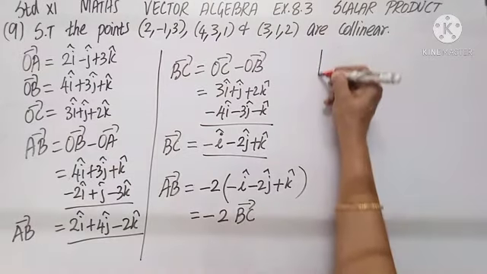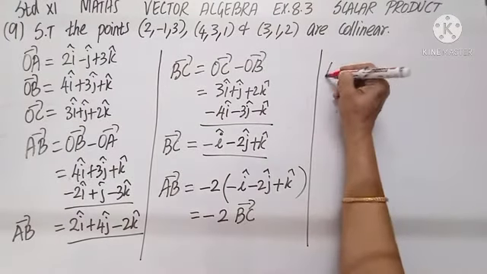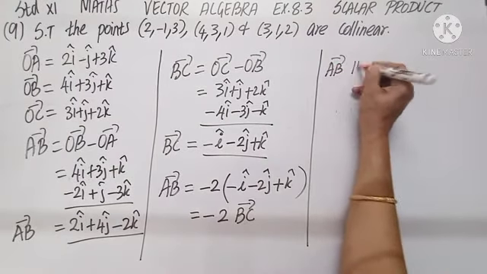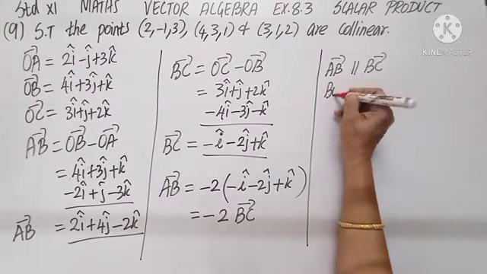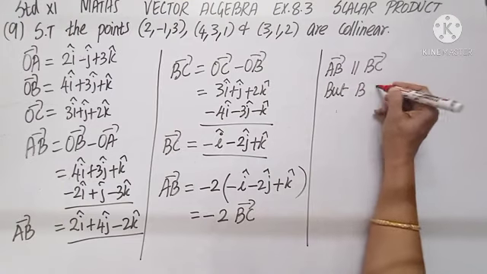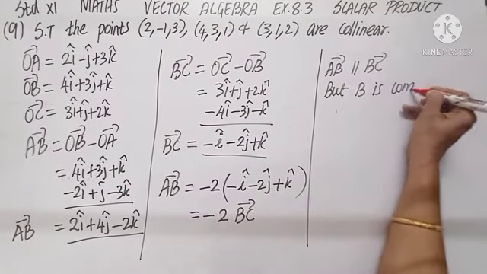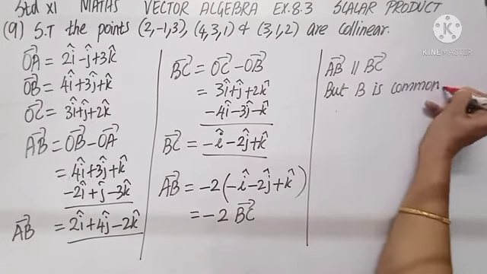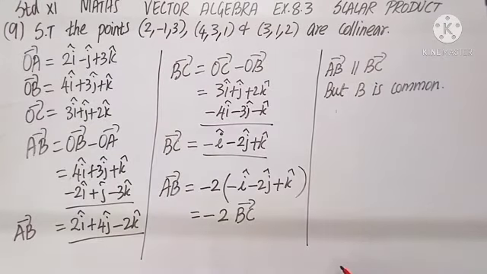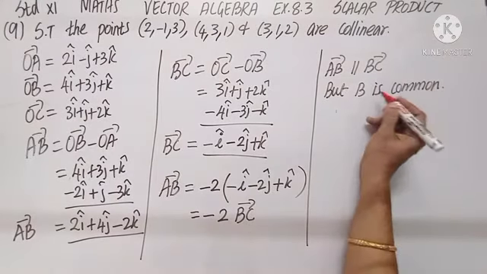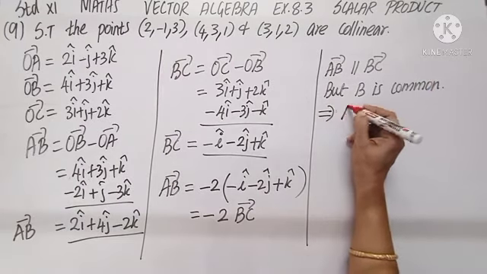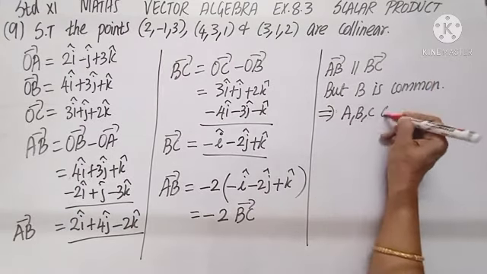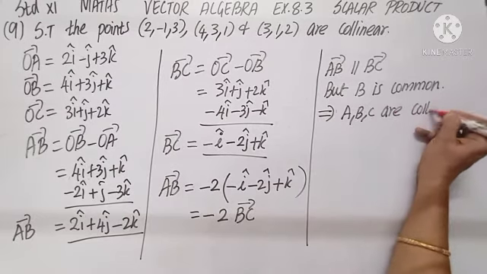I am able to show AB is parallel to the BC vector, and the point B is common for both. Whenever I am able to show two vectors are parallel and a point is common for them, it implies the points A, B, C are collinear.